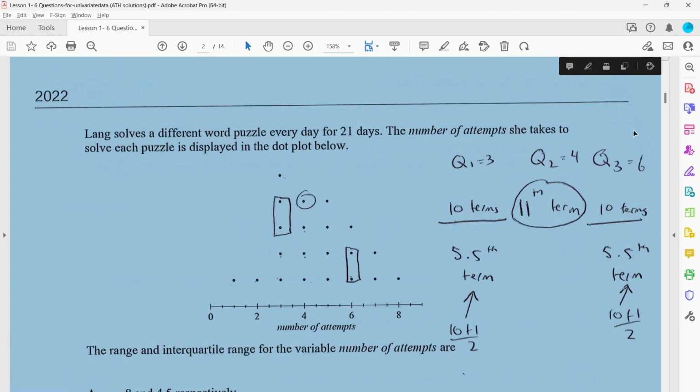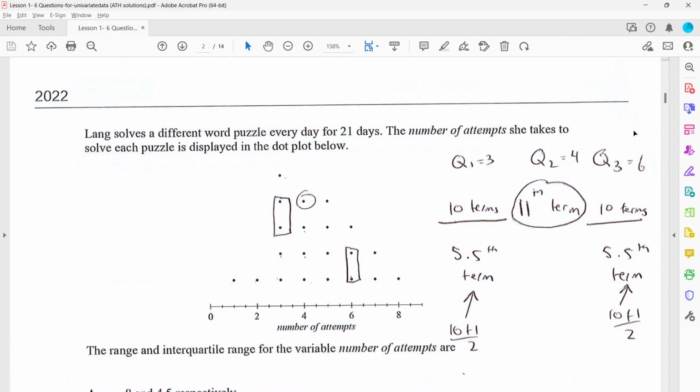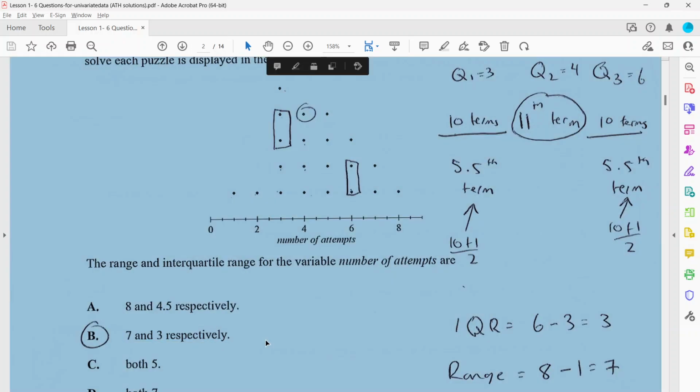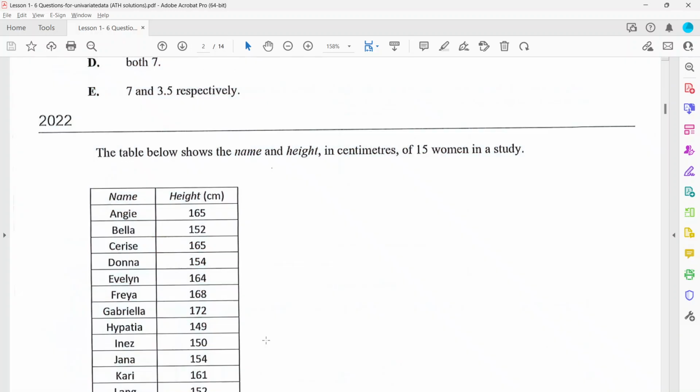And then, sorry about that blue thing all the time, but the Q3 is 6, the Q1 is 3, so that means our interquartile range is 6 take away 3, which is 3. So IQR is 3 and range is 7, but because the question asked for the range and then the interquartile range, well then we've got 7 and 3 respectively. Hopefully that helps.